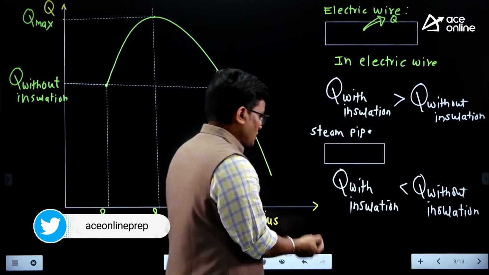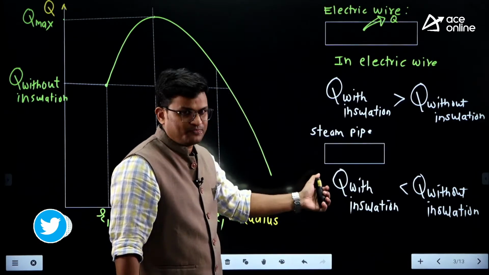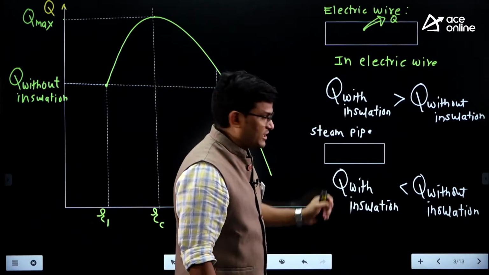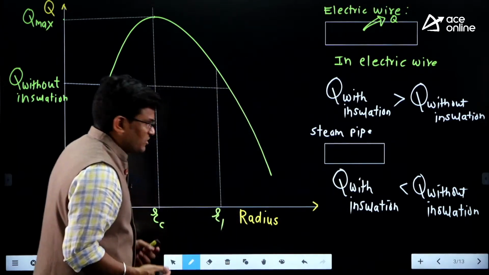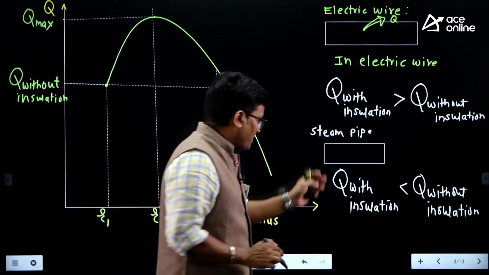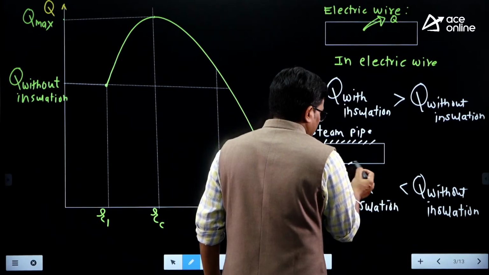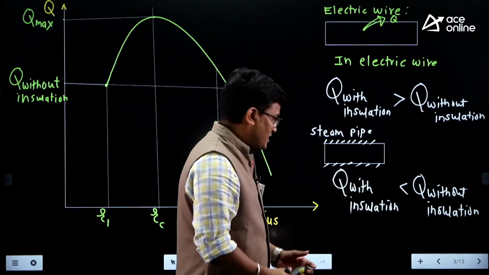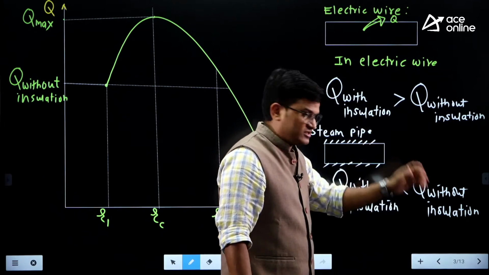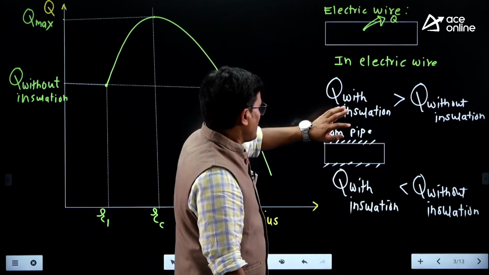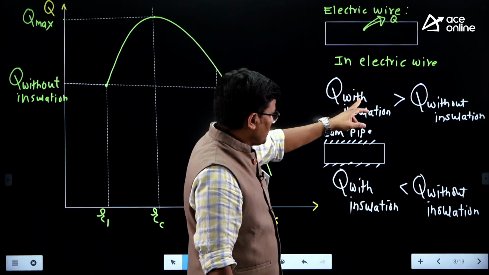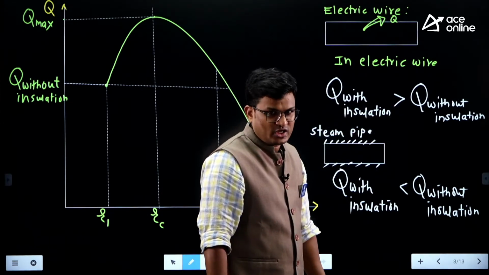So please take care of that. Q with insulation less than Q without insulation. So this is the thing. Now then you will ask me one thing, that is okay. In steam pipe, whatever we are going to insulate, that Q with insulation should be less than Q without insulation. And in case of electric wires, Q with insulation should be greater than Q without insulation.